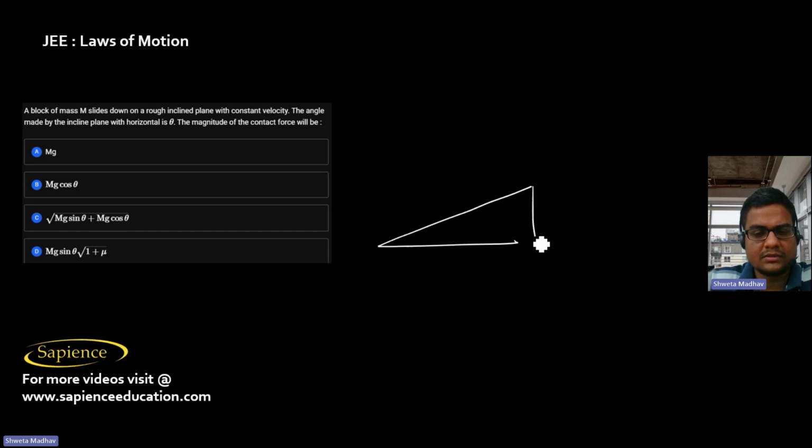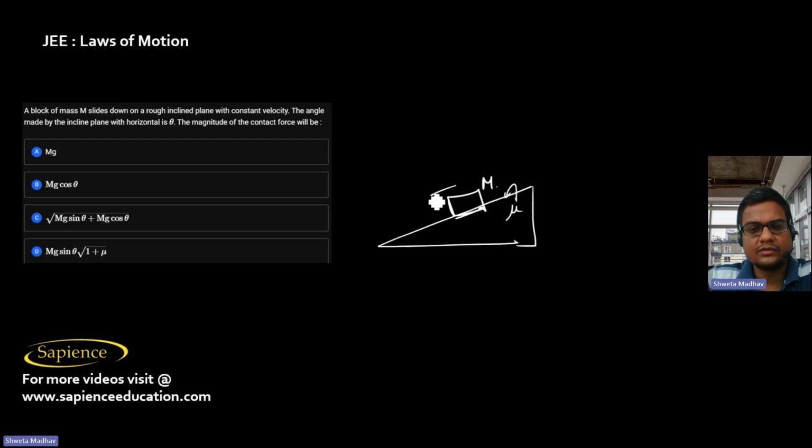And here it is told: a block of mass m slides down a rough inclined plane with constant velocity. So here, let's say the coefficient of friction is mu.